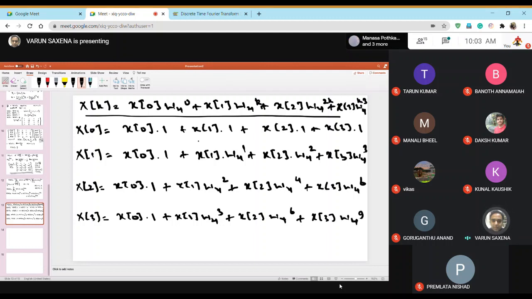Now you can see that this forms the twiddle matrix, and these are the elements with which that matrix is constantly being multiplied.